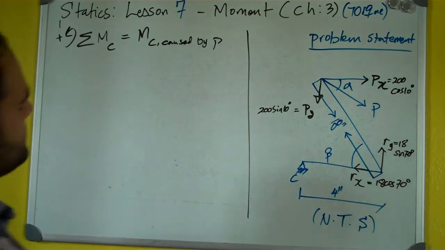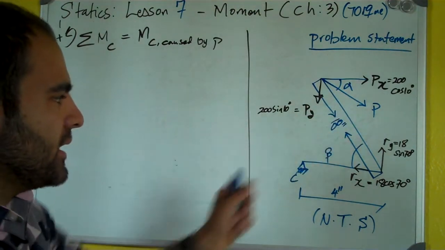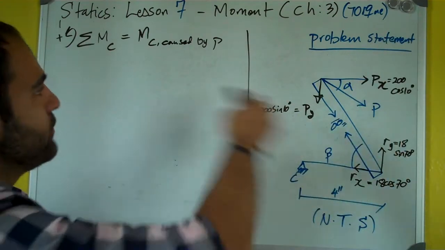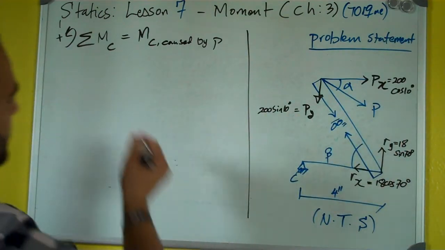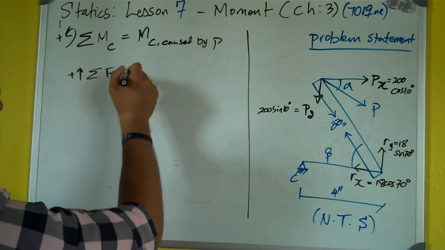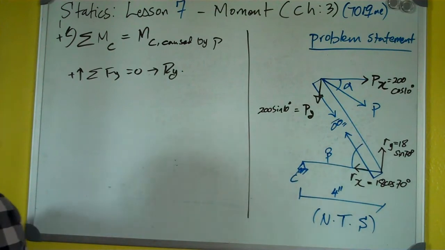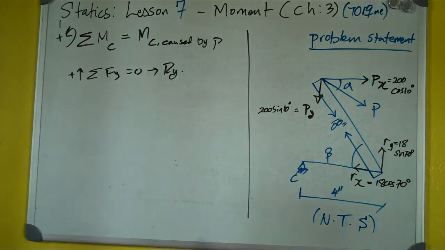You just say MC. Typically it's 0, but if you're looking at the moment caused by a force, you put a moment. Remember, like the sum of the forces in y equals 0, or it could be Ry, the resultant in the y direction, and similar with the x.